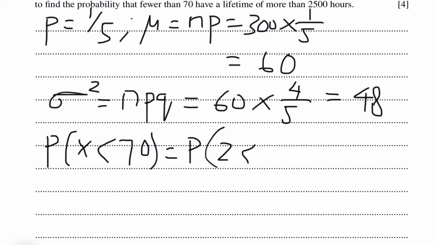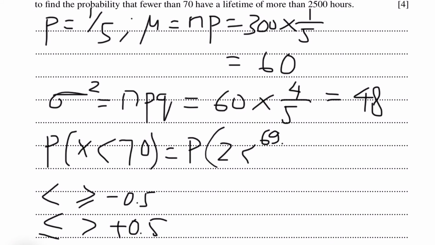Now remember that for these kinds of approximate distributions, this sign and this sign is minus 0.5, this sign and this sign is plus 0.5. So for this, you will need to minus 0.5, which is 69.5, minus 60, divided by the square root of 48.